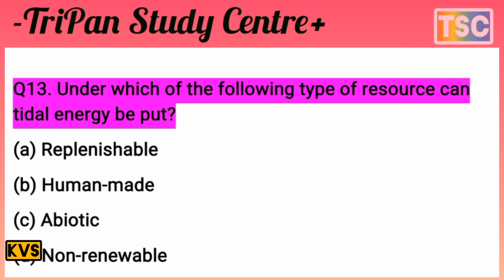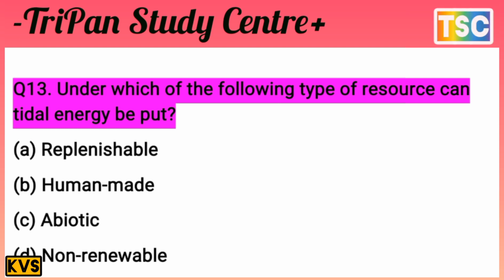You must have thought of your answer. Let's see what our answer is. Under which of the following types of resources can tidal energy be put? Tidal energy is not human made, so human made is already rejected.